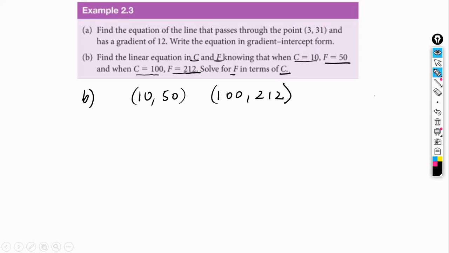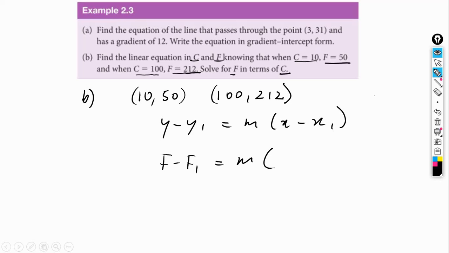So recall that when we want to write a linear equation, we need y minus y1 is equal to m times x minus x1. Or in this case, because they want it in terms of F, we can say F minus F1 is equal to m times C minus C1. Okay, so we already have a point, right?